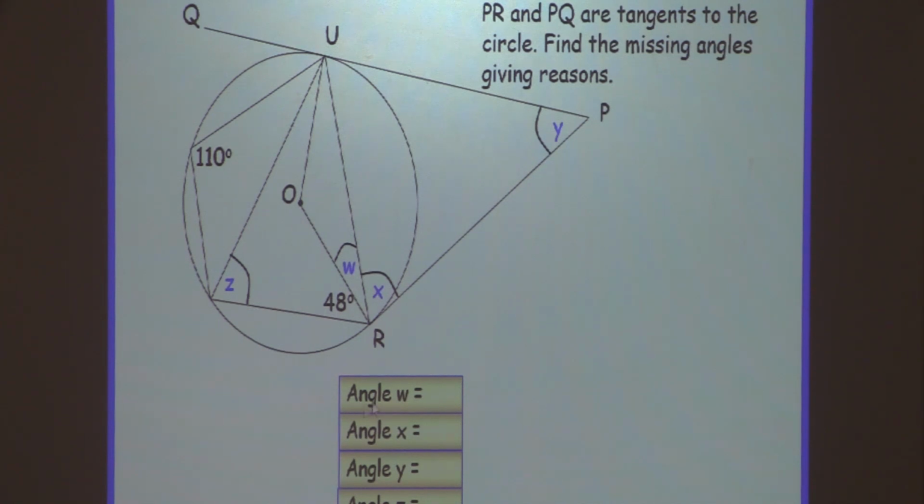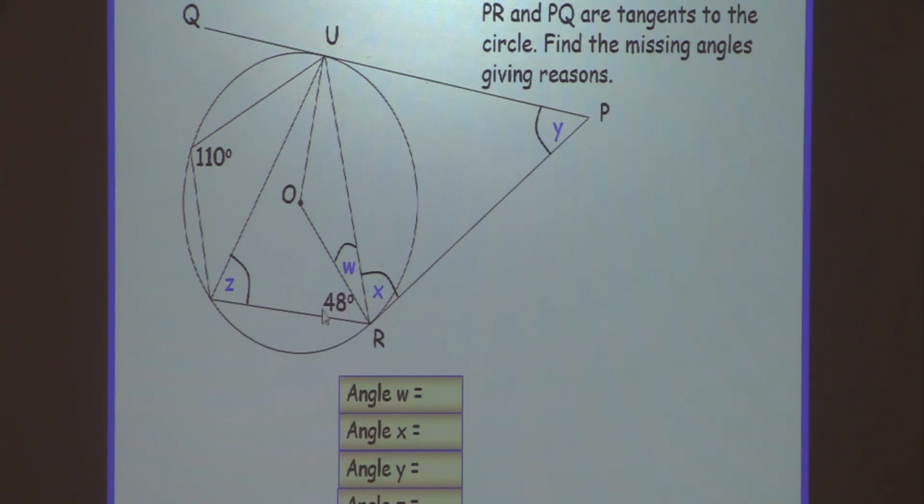Question number 1, find angle W. This is where W is. Okay, I can see a cyclic quad. Do you see a cyclic quad? You go down, come this side, come this side. That's a cyclic quad. Yes, I do have this angle, which is 110, and this angle.